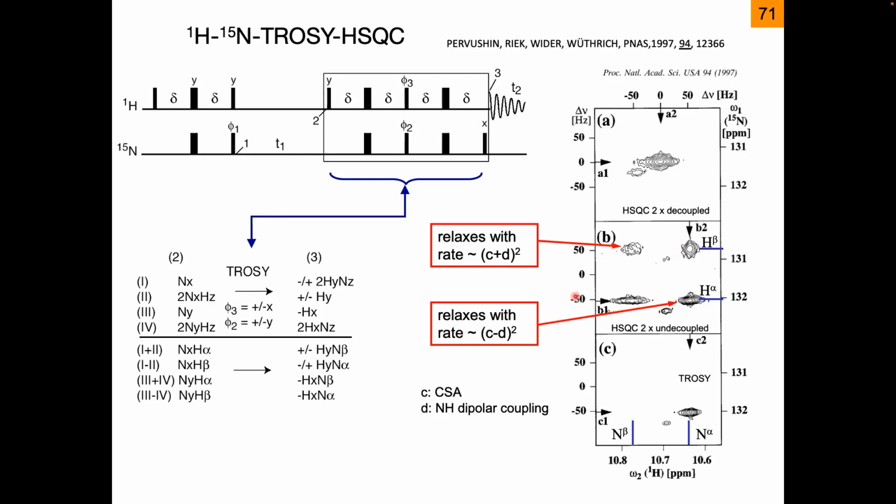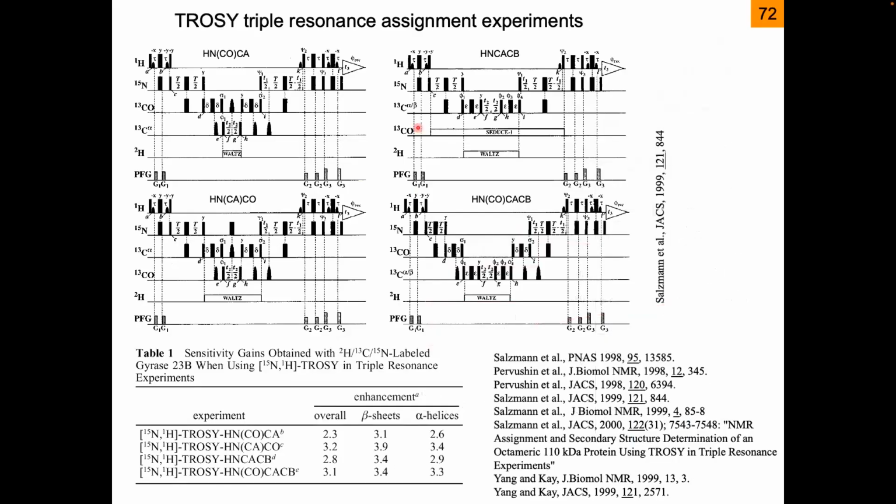And the other one here relaxes with the sum of the 2. One gets much broader, but this one gets narrow. And that you can do by also this kind of transfer in a way and get sensitivity enhancement and resolution enhancement. And this is put into these backbone assignment sequences here in this paper by Salzmann and colleagues.